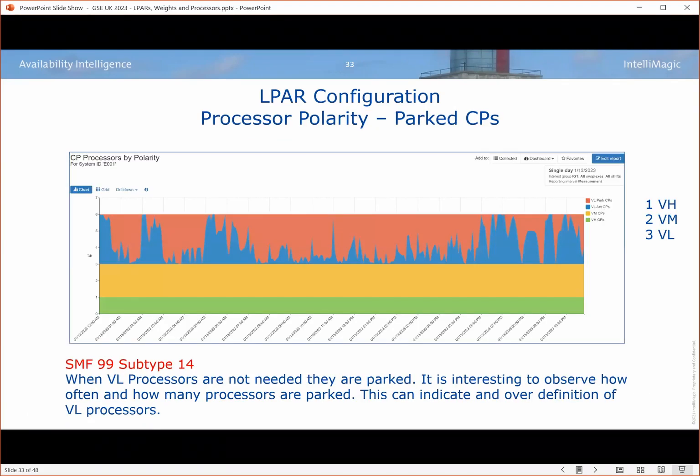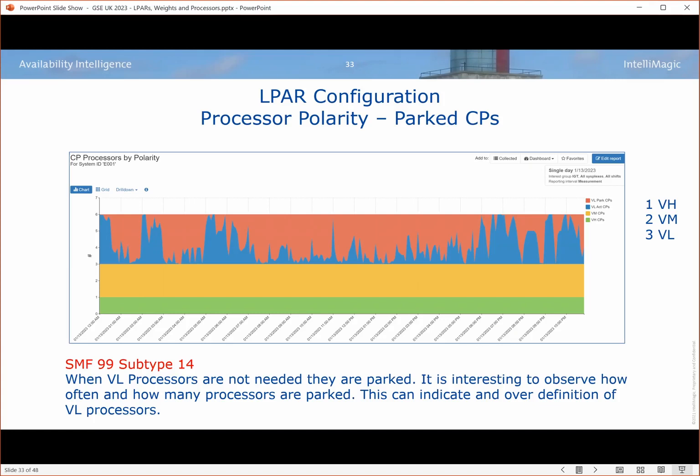What's also interesting is to look at the number of processes we defined, in this case, the logical processes, and their status of being parked, which means when they're not being used, they're parked and they're not having anything dispatched to them.